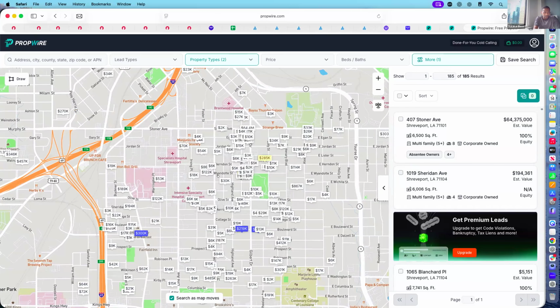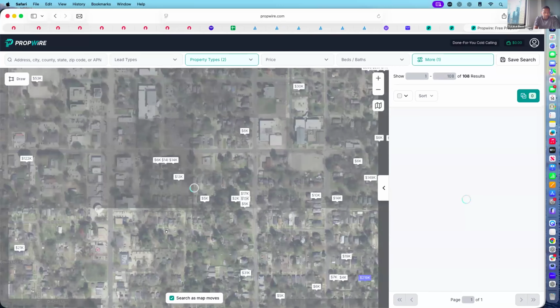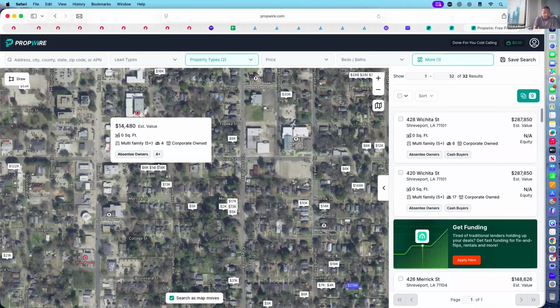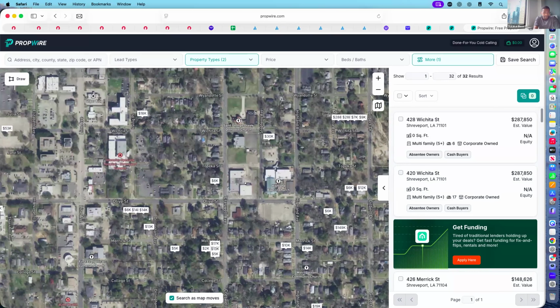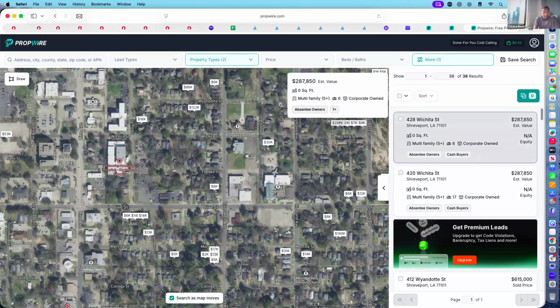This is us right here. Yeah, some crazy prices in here, man. You see nothing's for sale though. Subject property. Some stuff over here.